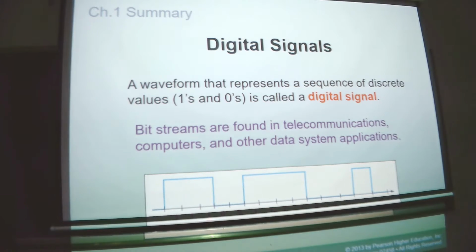And a digital signal is a waveform that represents a sequence of discrete values. It only has two values, 1 and 0. A binary number.